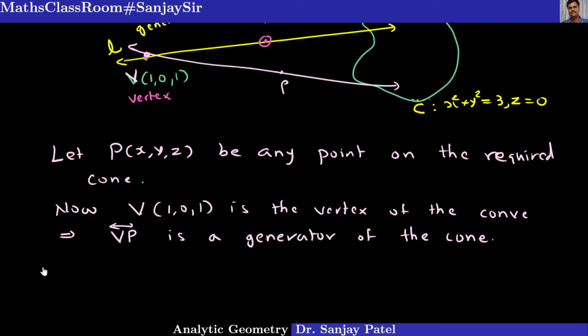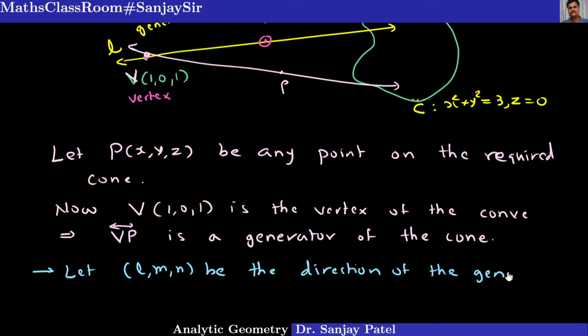So I am taking the generator direction as, say, L comma M comma N, where L, M, N are variables. So let L comma M comma N be the direction of the generator Vp.